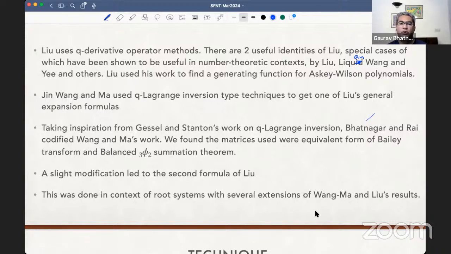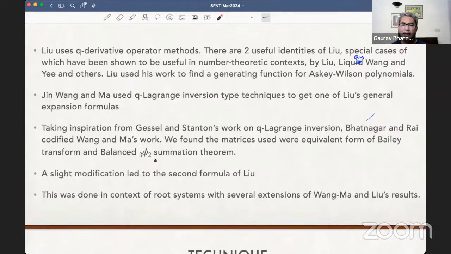So what Jin Wang and Ma have done is they use some q-Lagrange type identities, and Gessel and Stanton's work on q-Lagrange inversion was much clearer. Their work was a little confusing. But in joint work with one of my students, Surbhi Rai, we cleaned up Wang and Ma's work, and we found that you could convert it into something which used matrices, an equivalent form of the Bailey transform.